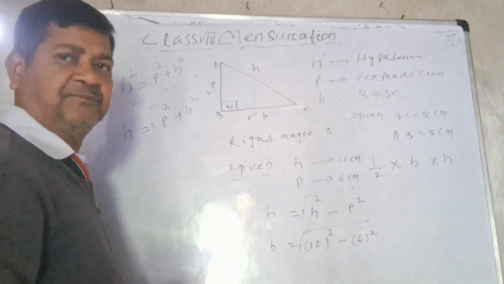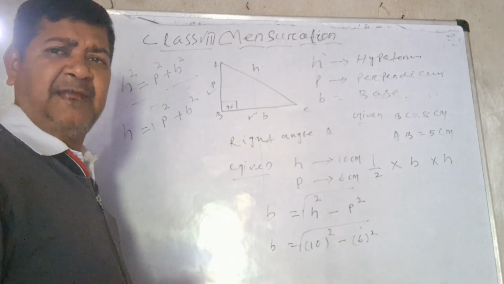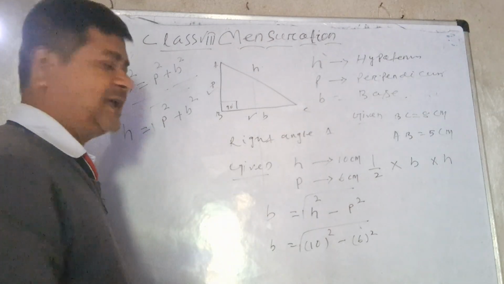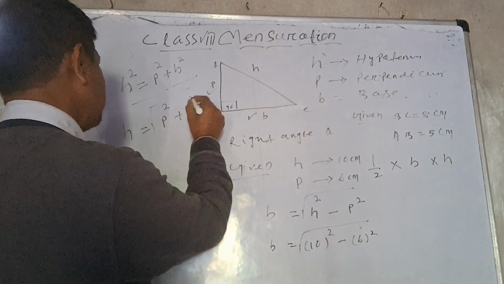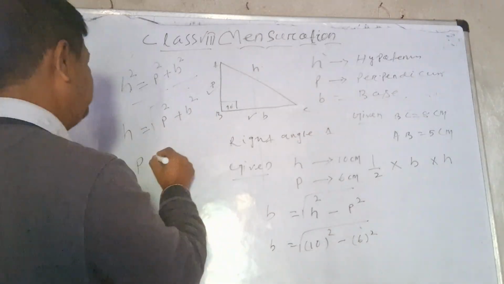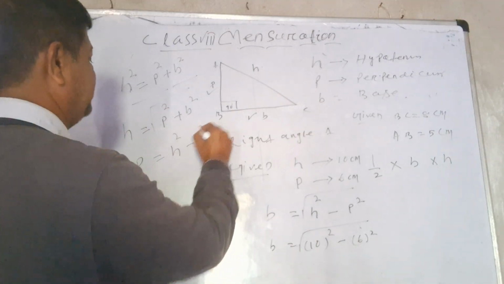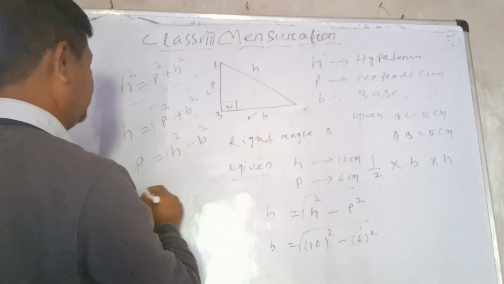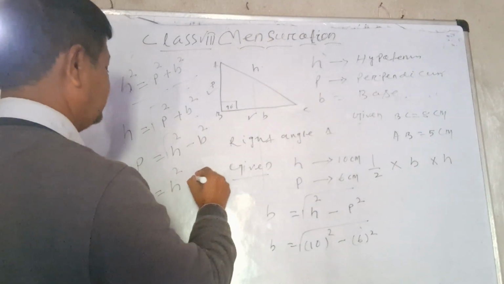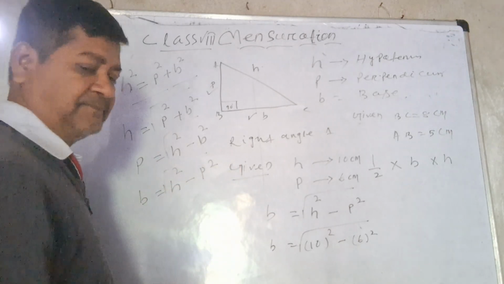If H and B are given, P will be the square root of H square minus B square. Similarly, B will be the square root of H square minus P square.